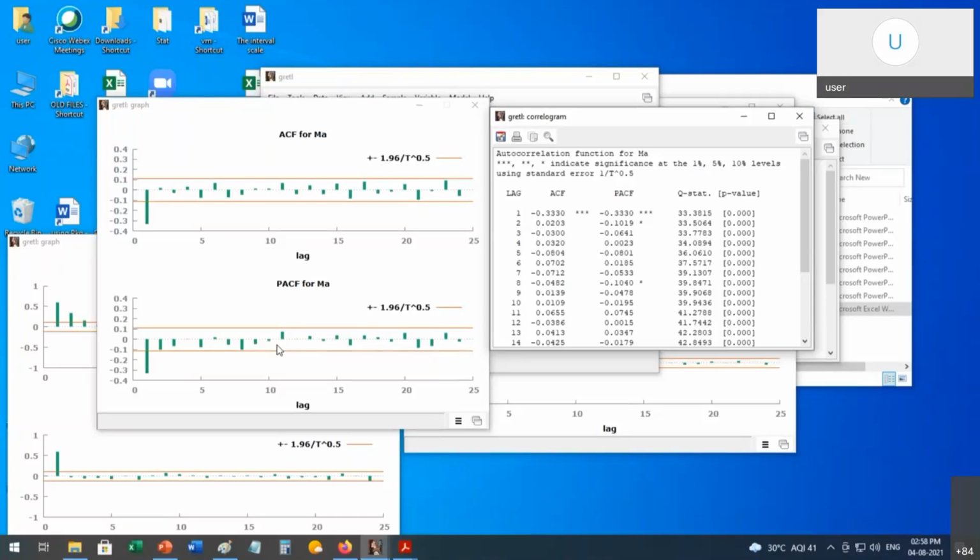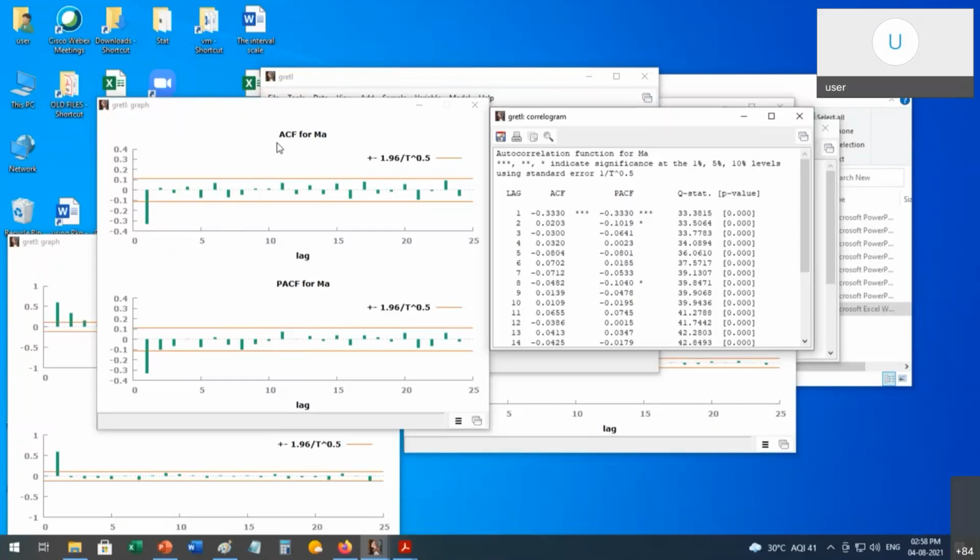That is why we say that finding out whether it is an AR process or an MA process, and its degree, is very difficult. We have to estimate it and then find out. So this will not give a conclusive idea whether we have an MA series or AR series.